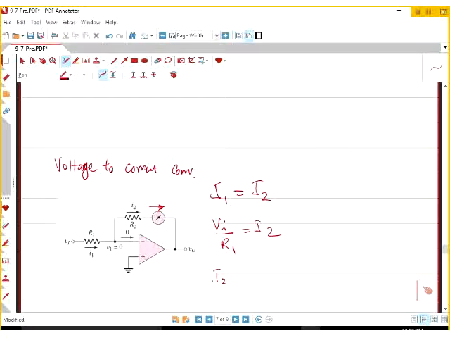Even in cars, most of those showing the mileage are analog, right? Basically, somehow you're converting a speed into a current passing through a tiny motor, and that moves that arrow to 70 miles, 50 miles, 60 miles, whatever the mileage is. So we call that device an analog meter, and basically it is a motor that runs by a current.